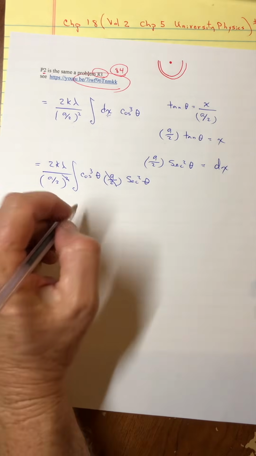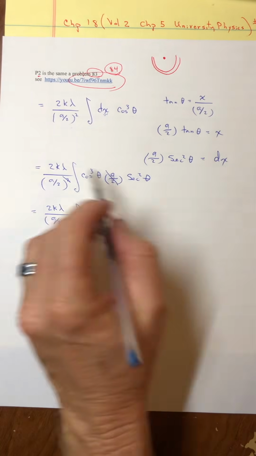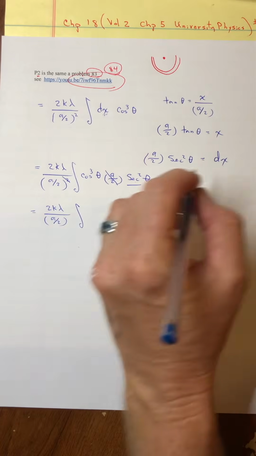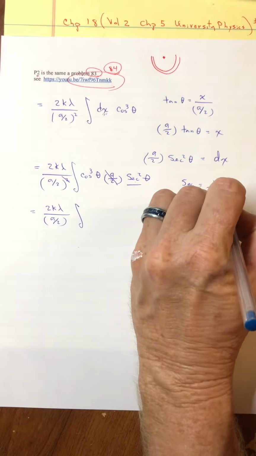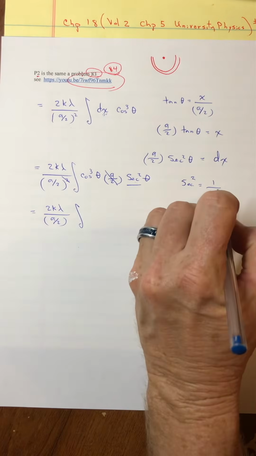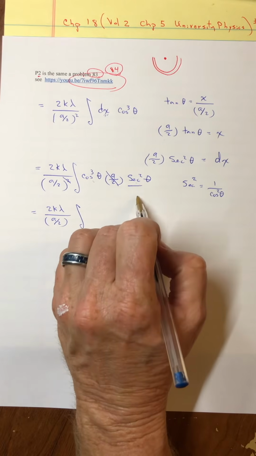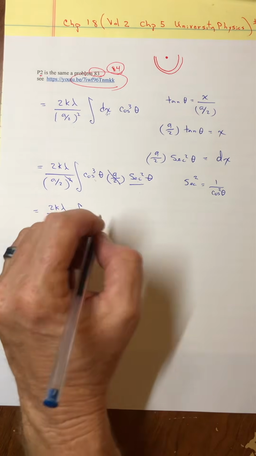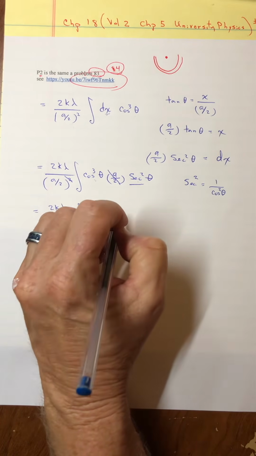Okay, looking good. And, surprise, surprise, remember what a secant is. A secant is 1 over cosine. So a secant squared would be 1 over a cosine squared. And that's then going to be a cosine squared in the denominator is going to cancel with 2 of those. So you just end up with cosine.